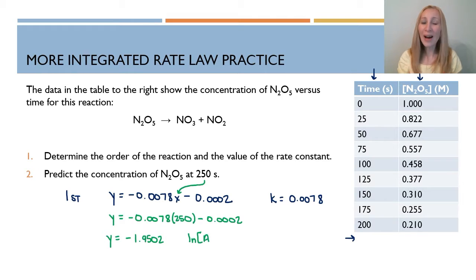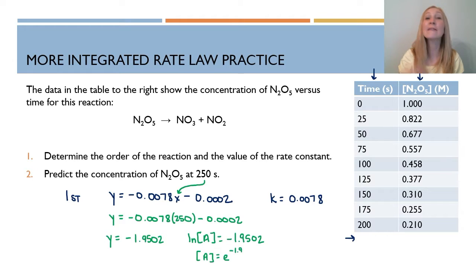And remember, y is really the natural log of the concentration. So the natural log of the concentration is negative 1.9502. If I'm solving for just the concentration, I need to do the inverse of the natural log. So I need to take e to the power of negative 1.9502, and that's going to equal 0.142 molar.